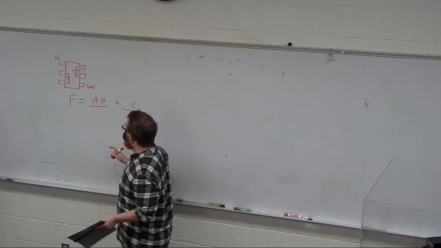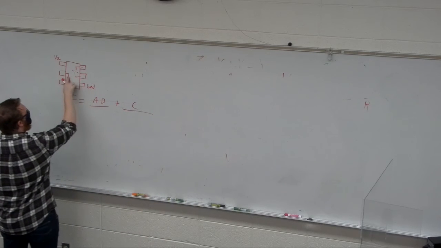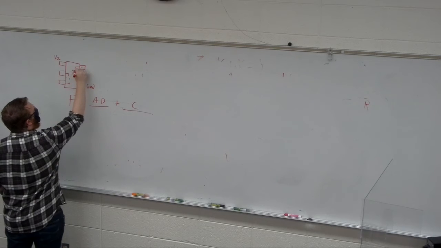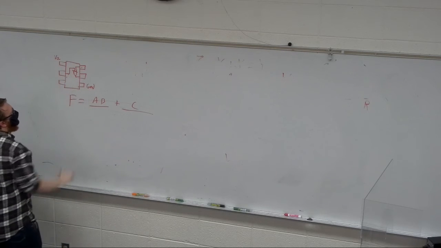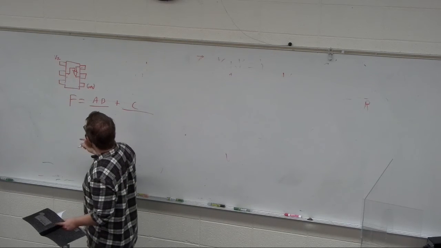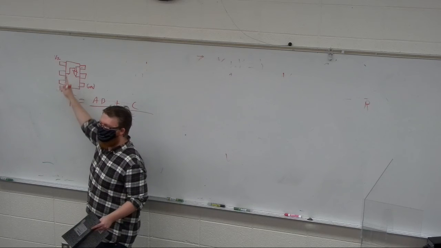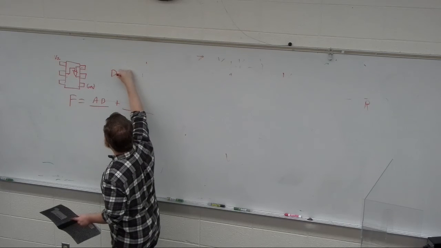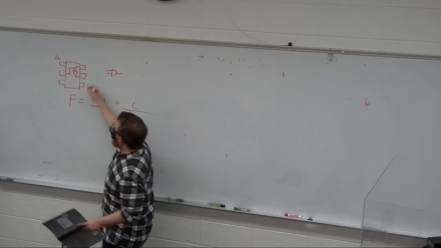So if I had something where I wanted A, B, or C, and instead of these inverters I gave you an OR gate, and I gave you one of these devices and one AND gate, then you would have to draw this circuit by wiring them together, right?